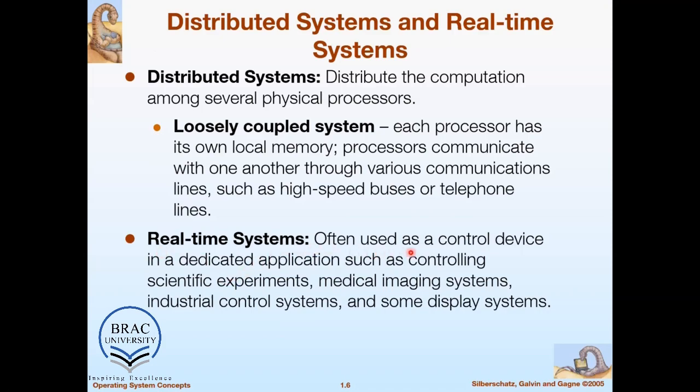It is often used as a control device in a dedicated application such as controlling scientific experiments, medical imaging systems, industrial control systems, aircraft, real-time traffic signaling systems, and some display systems. We can use this kind of real-time system.